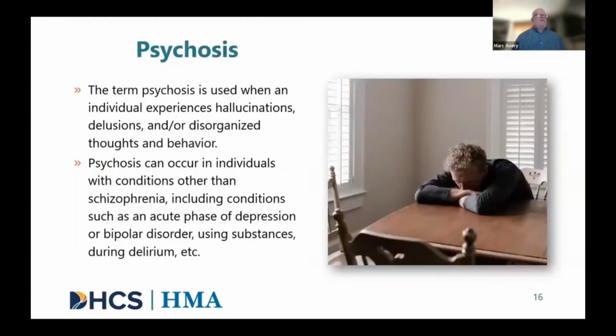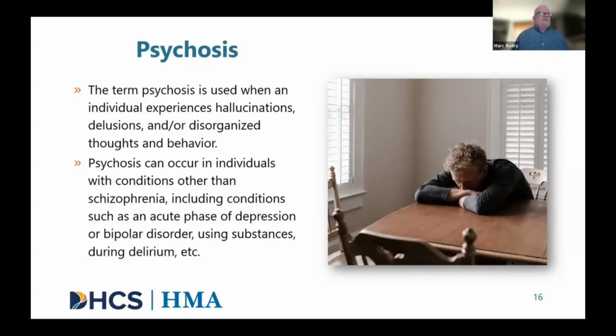Okay, so those were several of what's referred to as positive symptoms of schizophrenia. Let's move on to the next concept and talk about the concept of psychosis. This term gets used a lot, and in fact, we're talking today about the schizophrenia spectrum and other psychotic disorders chapter of the DSM.